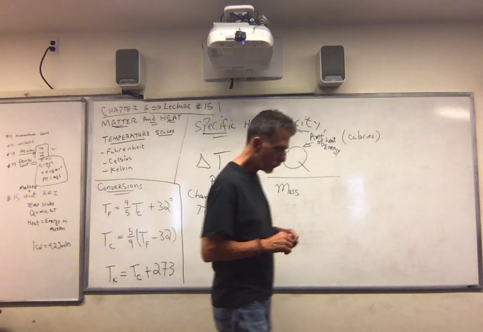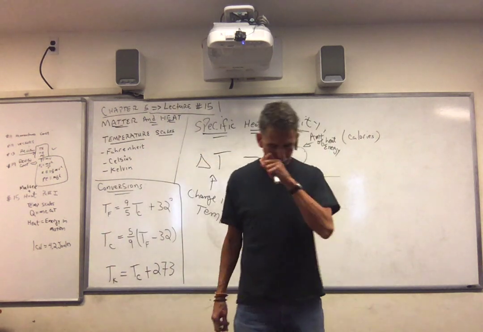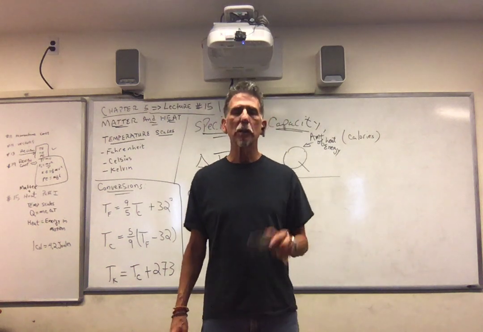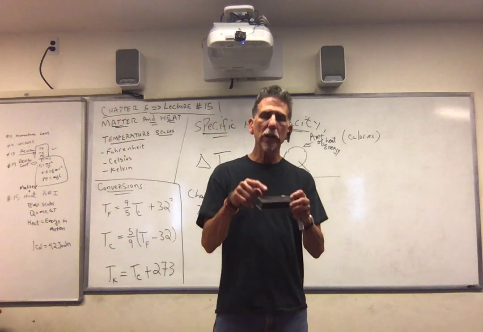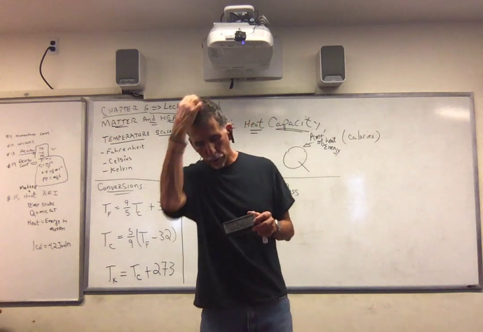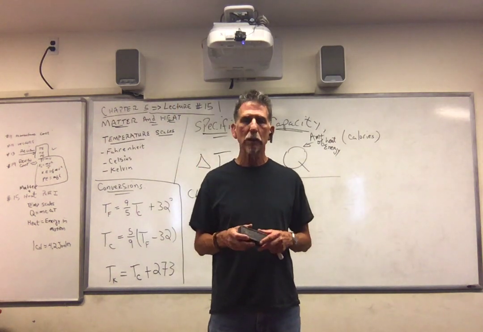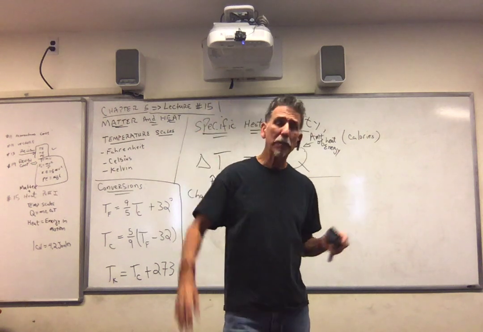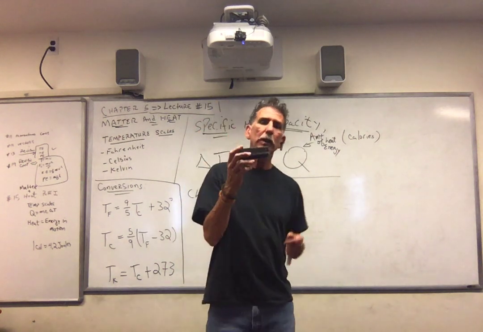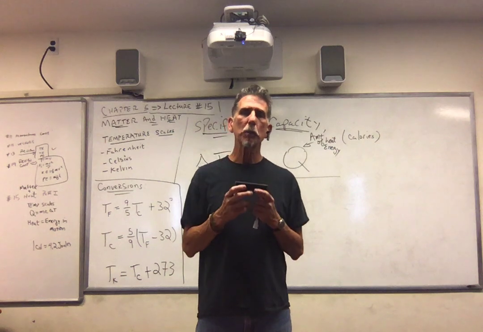Okay? One other factor determines how much the temperature changes. How much heat you put in, calories, certainly affects the temperature change. The mass of the object certainly affects the temperature change. What else affects the temperature change? What if this was not made of copper, but instead was made of aluminum?